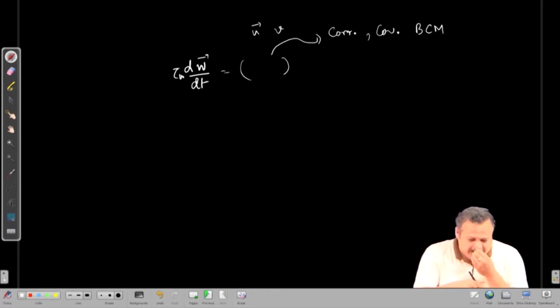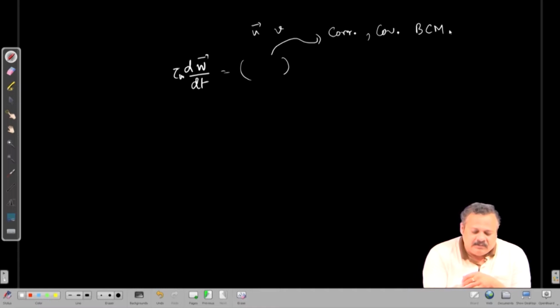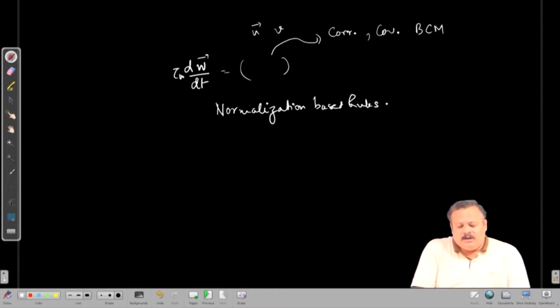output activity. So, in other forms there are normalization models, normalization based rules, that actually constrain the weights directly.